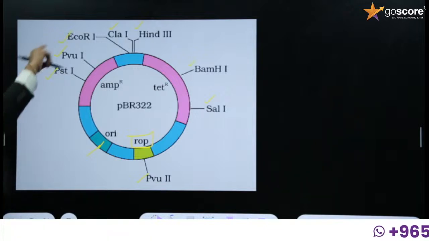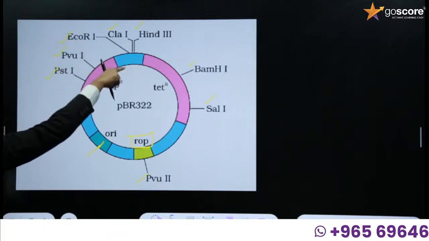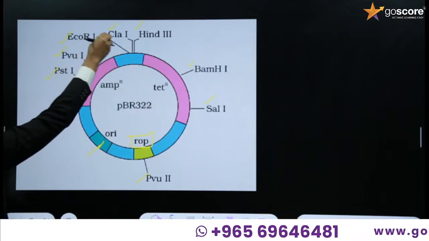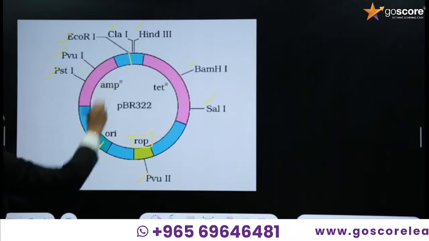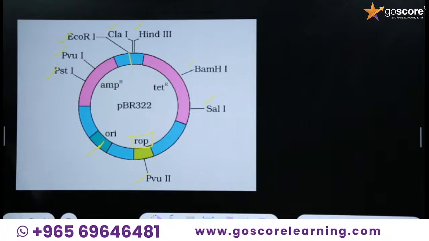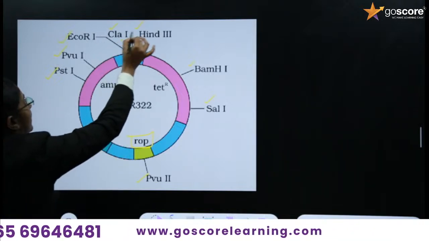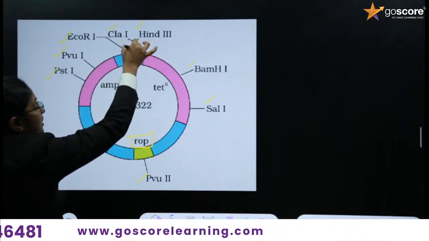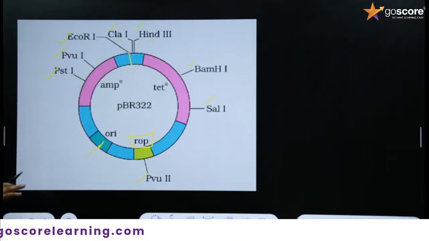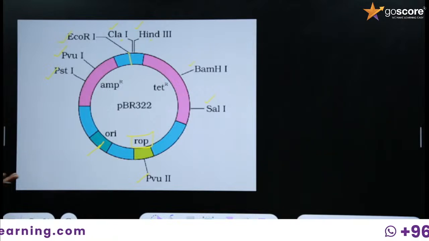If EcoRI is given to this plasmid, it will cleave at this particular site. Since it is an endonuclease, it will give a sticky end. Okay, so next one, HindIII and ClaI. If it is given to this site, what happens? This site will be created. Okay, what site is created?